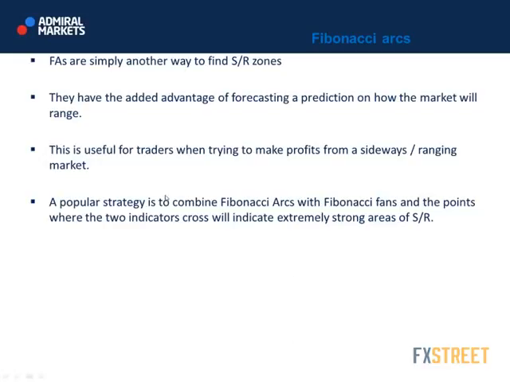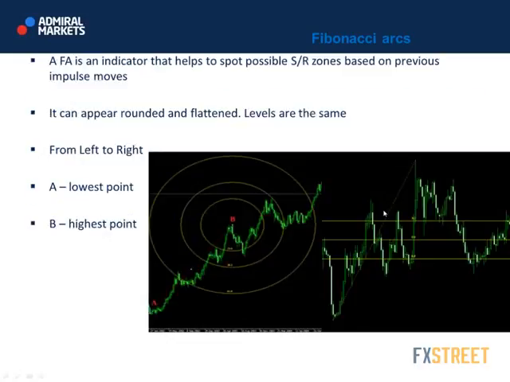And there is a popular strategy which combines Fibonacci arcs with Fibonacci fans, and the points where the two indicators cross will indicate extremely strong areas of support and resistance. If you take a look at this chart, you can see how the price is making horizontal levels of support and resistance, which are channels where the price is expected to bounce from, as in this example.